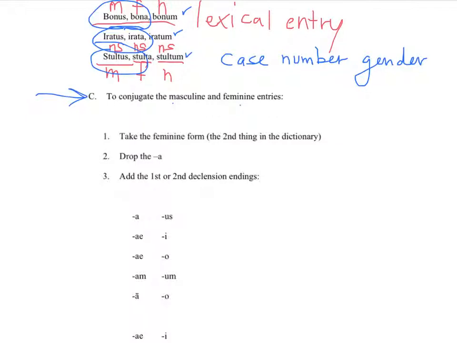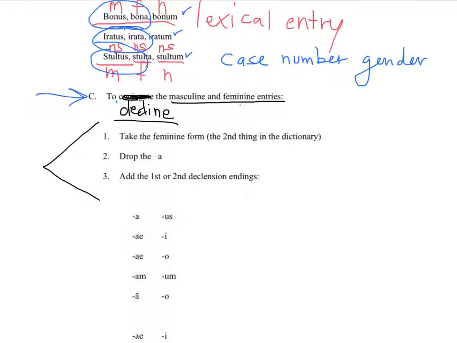In order to decline the masculine and feminine forms of adjectives, you follow the following 3 steps. You'll note that it's a very similar process to what you just learned for nouns. If you learn how to do nouns, adjectives require almost no new information, no new skills.